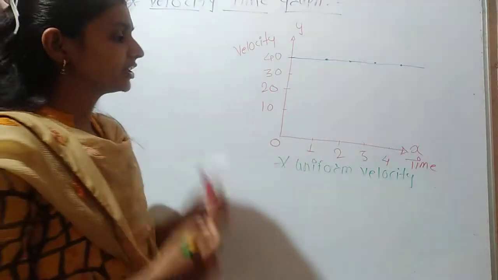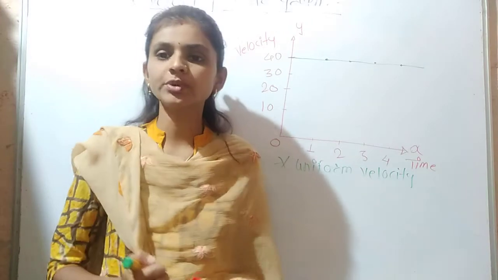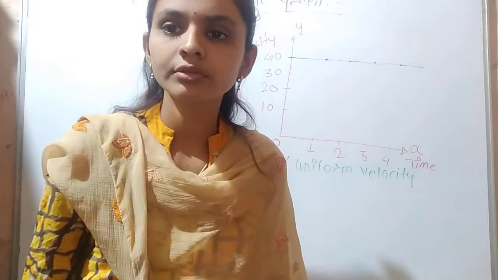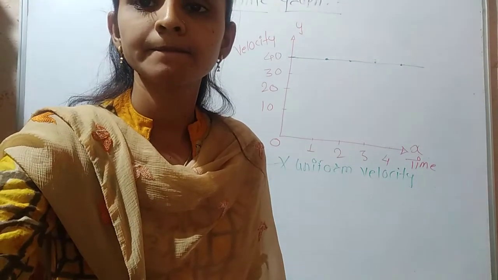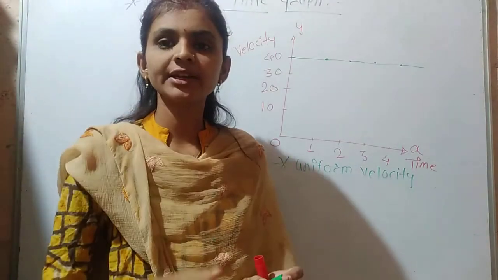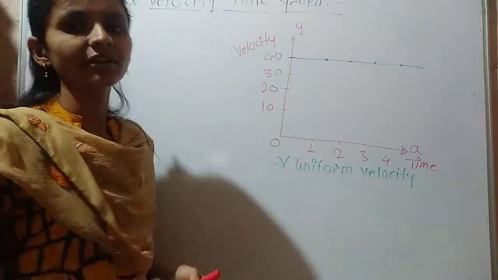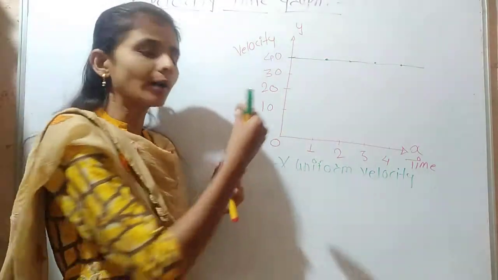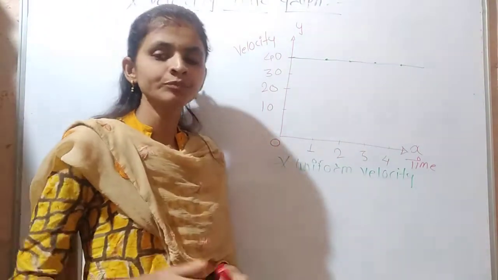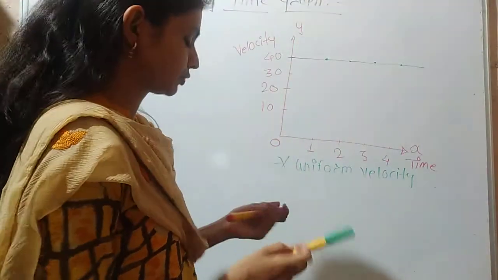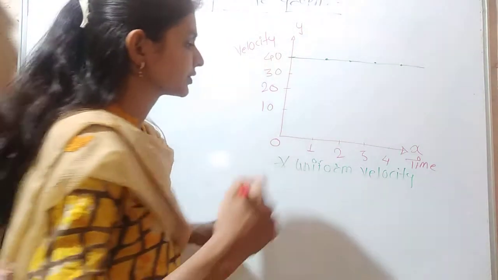Now, how do we calculate the distance using this graph? In the last period we already discussed that by using the velocity time graph we can calculate the distance. To calculate that, first we have to consider some points.